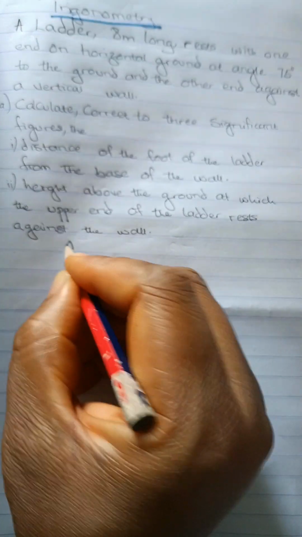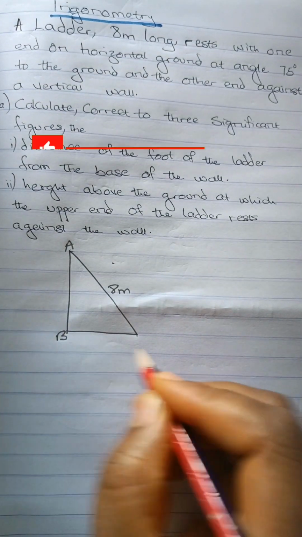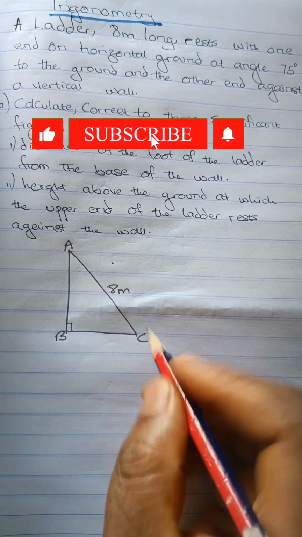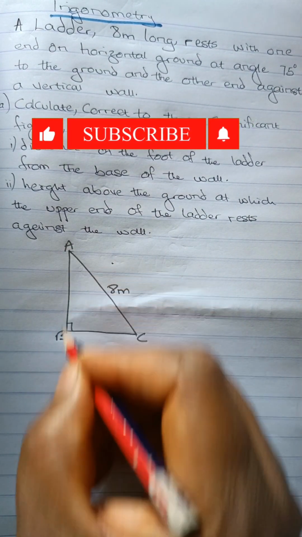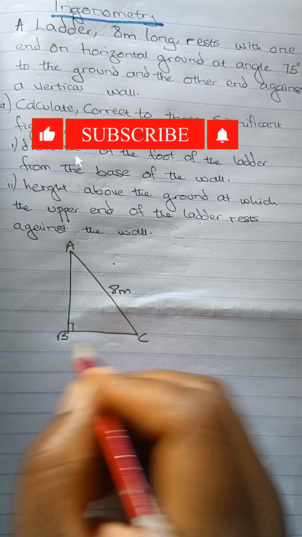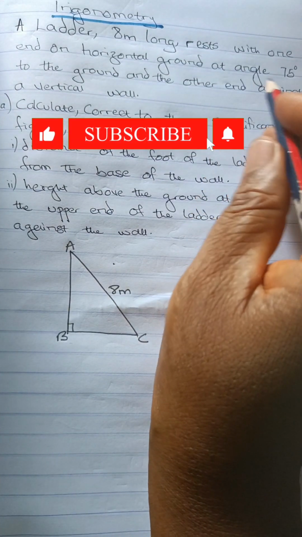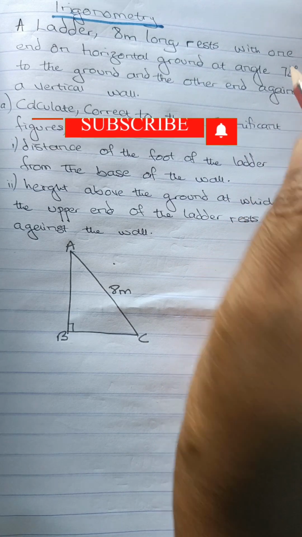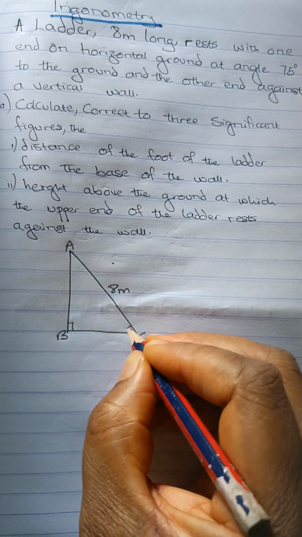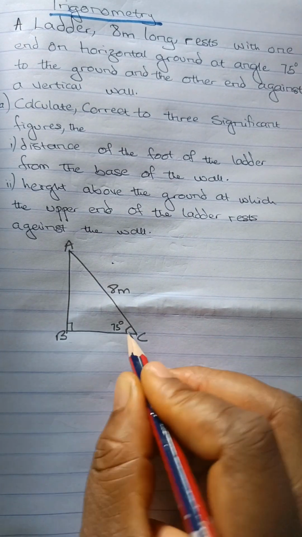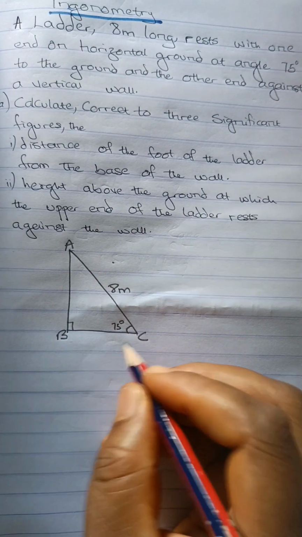So let's just call it A, B, C. This is the ladder resting on this horizontal line, and this is the vertical base. And it says at an angle of 75 degrees, so it's resting at 75 degrees.